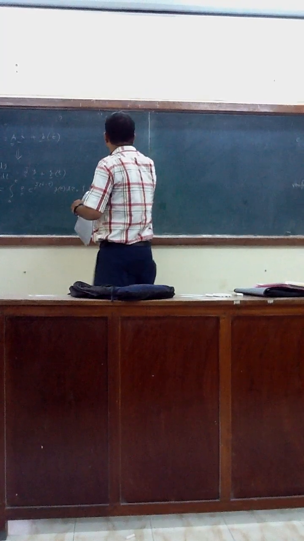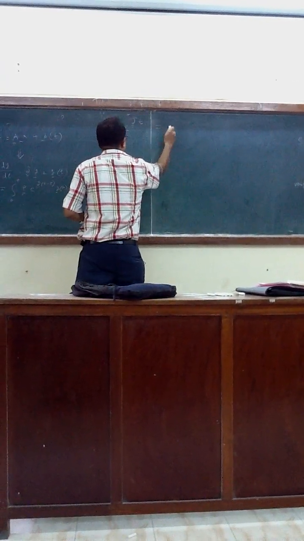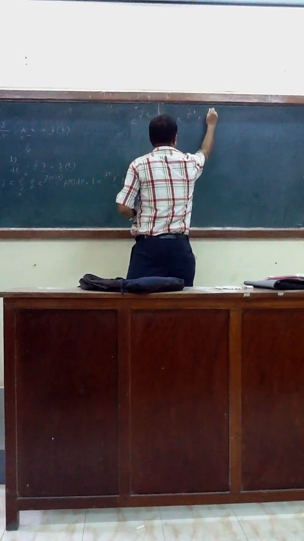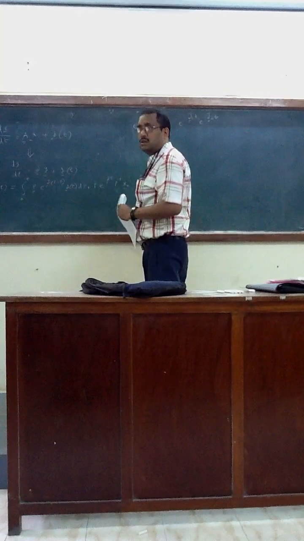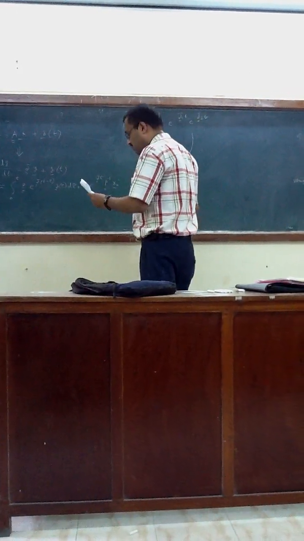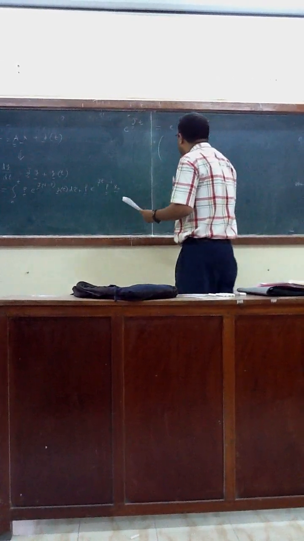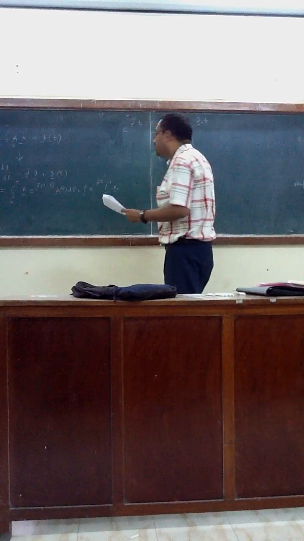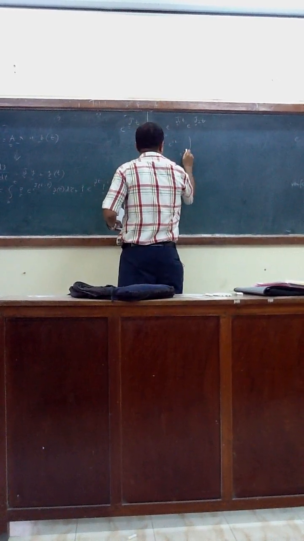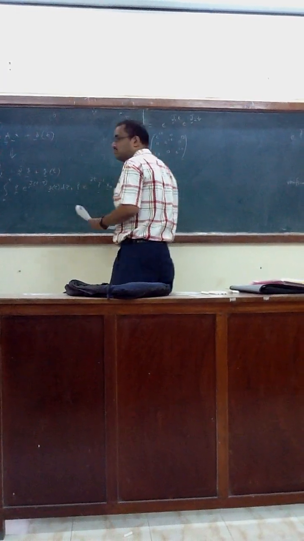You don't want that. e to the power Jt is e to the power J1t times e to the power J2t. Correct? e to the power J1t will be how much? e to the power 2t, e to the power 2t, e to the power 2t, and 0 elsewhere. Excellent.